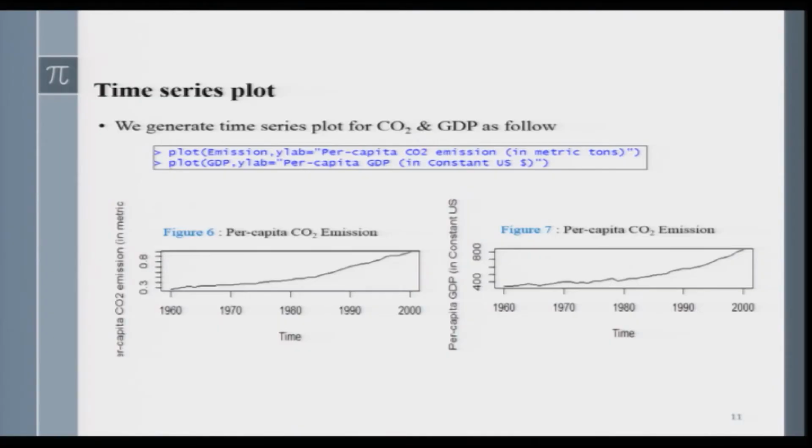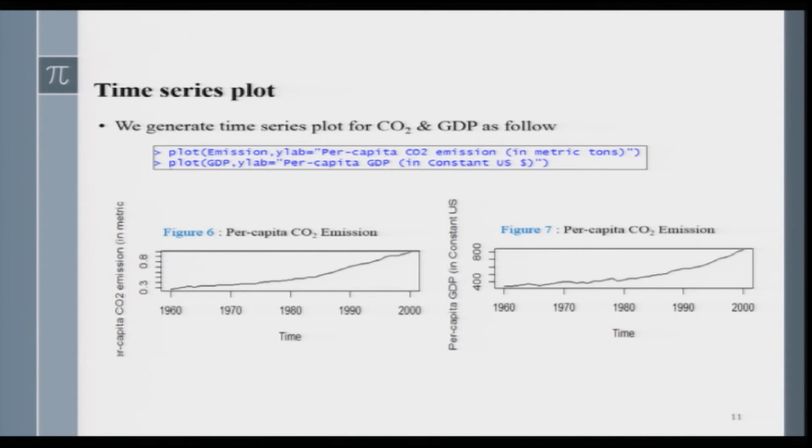Before we run any code to check stationarity of the data, let us have a time series plot, because it helps to understand how the variables are evolving over time, and especially we are interested in conducting a regression analysis between these two variables. So, it is not a bad idea to see how both variables are evolving over time.